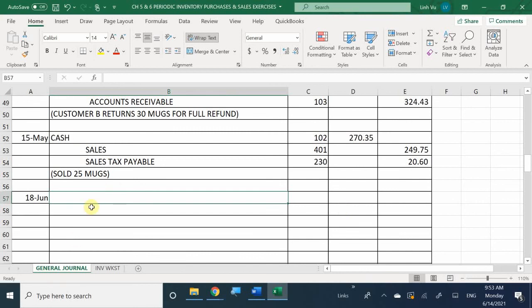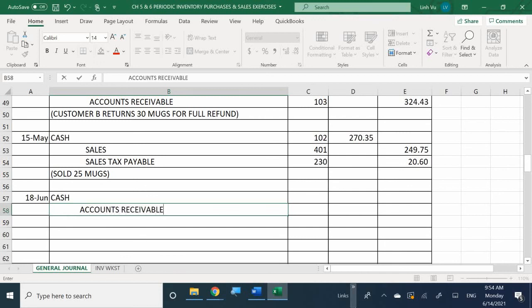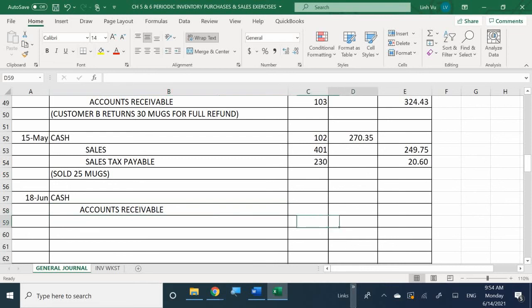So in this case, yes, cash, because that's how they paid. They paid us, and we're going to credit accounts receivable because we're decreasing the amount that they owe us. Because this is what they owe me, and now they're paying it off. So in this case, 102 and 103.